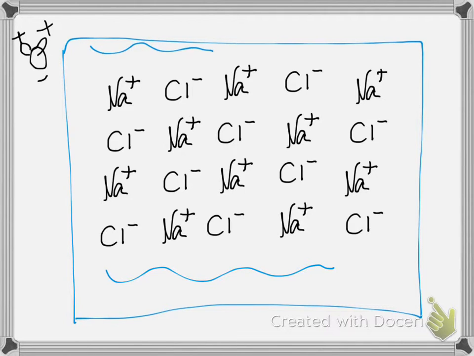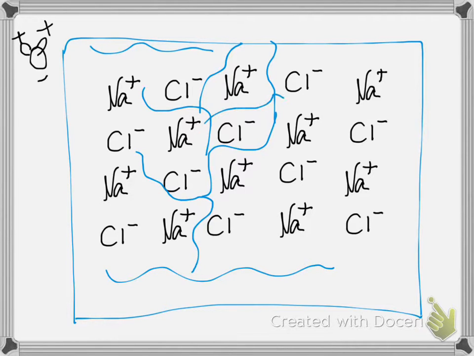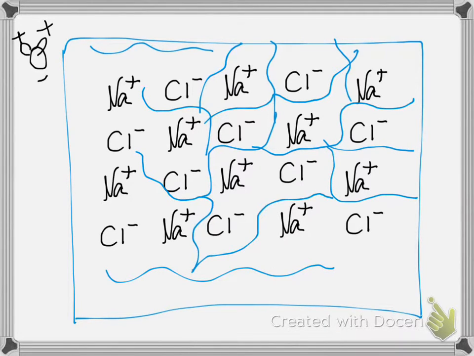So it's got some areas of partial charge. What that allows the water to do is to snake in between all of these ions and separate them. And what actually happens, and we will talk a lot about this in chapter 13, and it's cool stuff, is you end up with, instead of salt in your water, sodium ions and chlorine ions in your water.